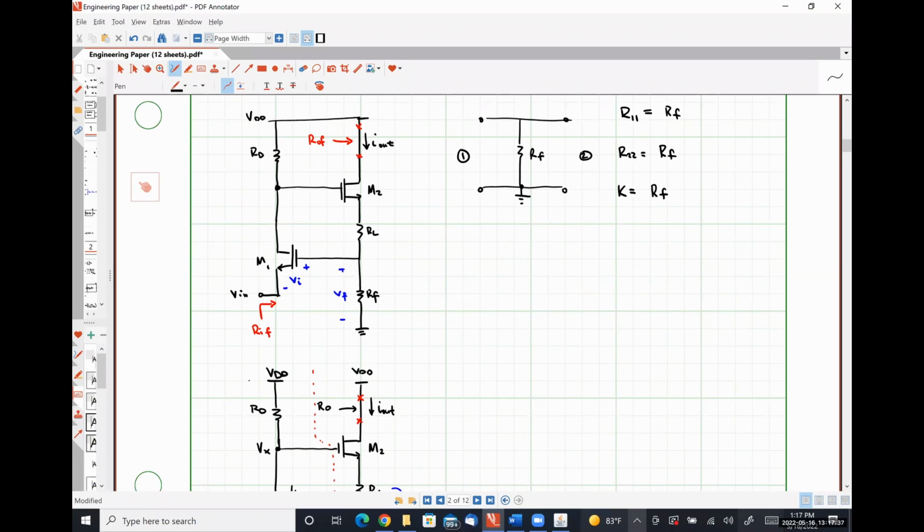With our output node here, our feedback network would see this load resistance, which isn't technically needed for a source follower amplifier since we could bias it with a current source. But our feedback network would be the resistor RL up here, and then the resistor RF in that vertical configuration.